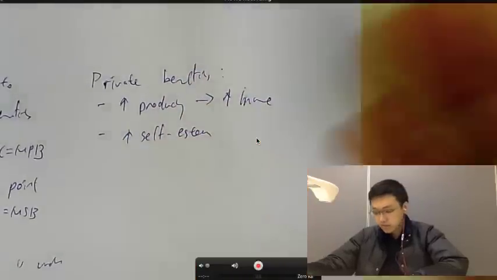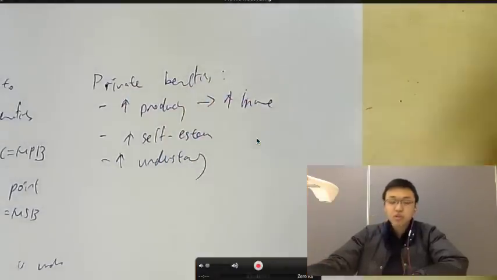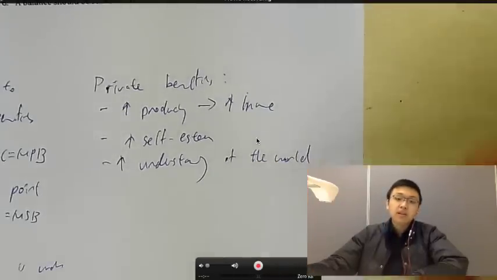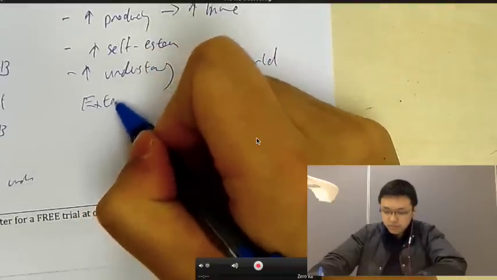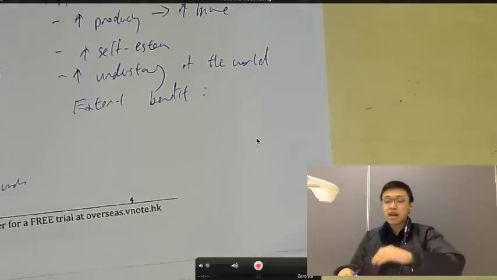And perhaps, what other private benefits can you get? For example, better understanding and appreciation of the world, so more enjoyment of life, this kind of thing as well. How does it benefit other people? When you go into university, how do you benefit other people?